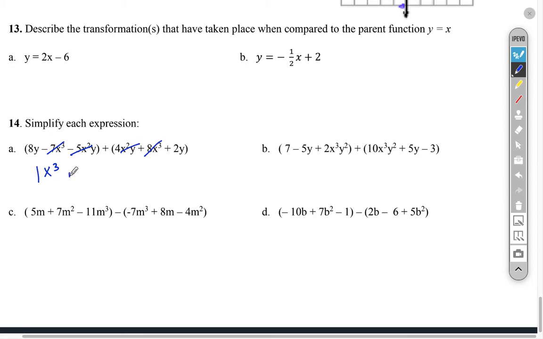We're going to be left with 1x squared y. Oh, actually it's negative. I didn't notice that. -x squared y. And then we've got 2y and 8y, which is going to give us 10y. And this is fine if you write it this way, but it really should be written x cubed minus x squared y plus 10y.